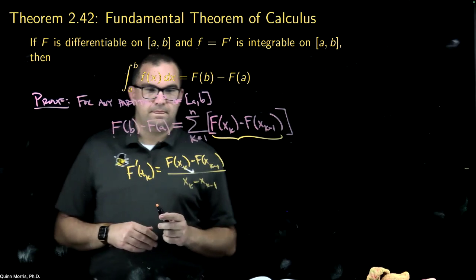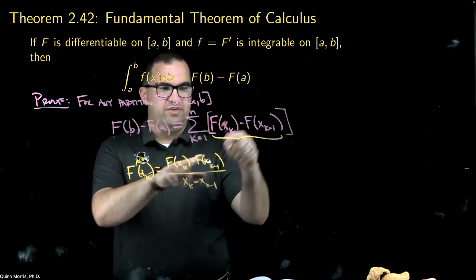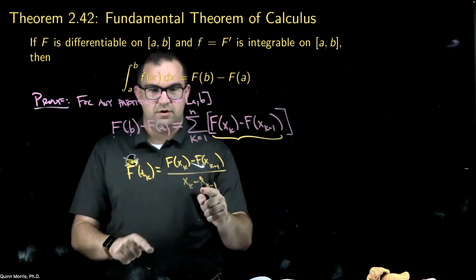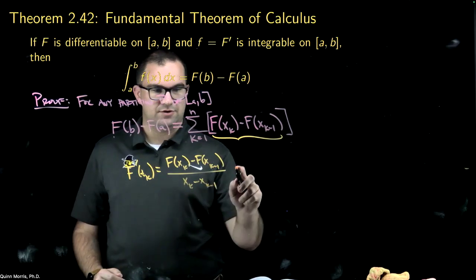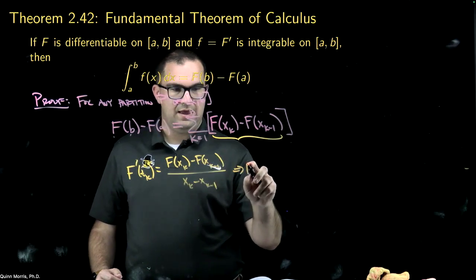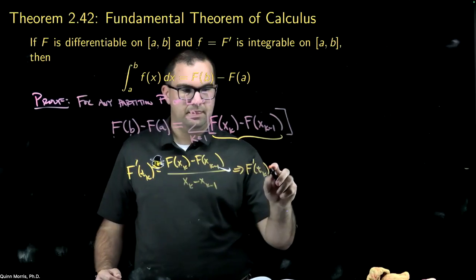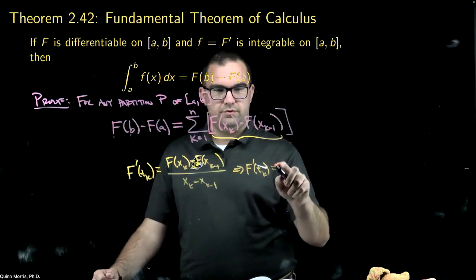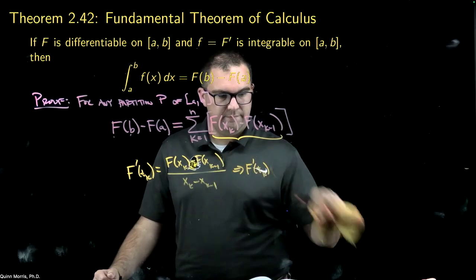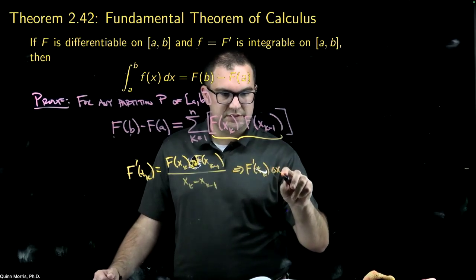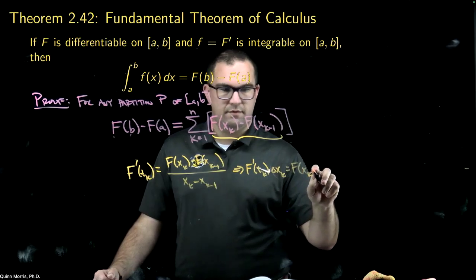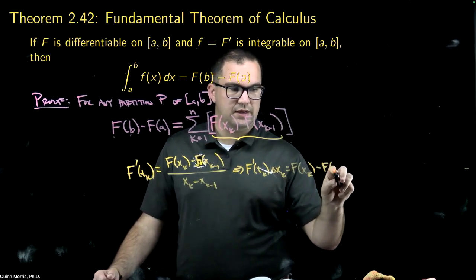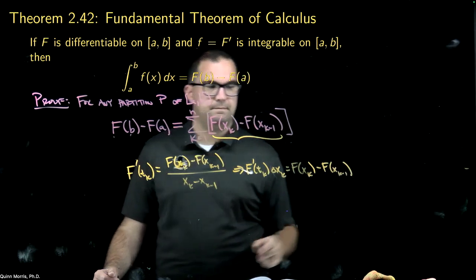If I look at this, I want this piece here, and what's written down here is really just delta x_k. So this would give me that F prime of t_k times delta x_k is equal to F(x_k) minus F(x_{k-1}).